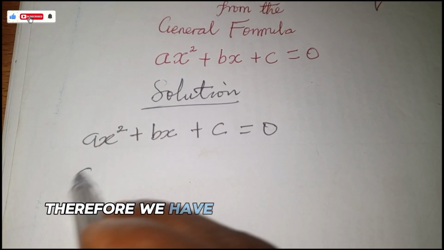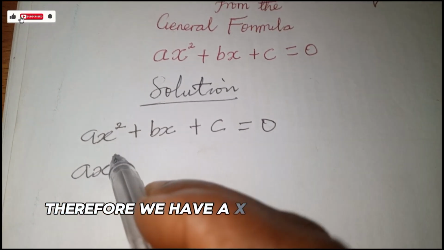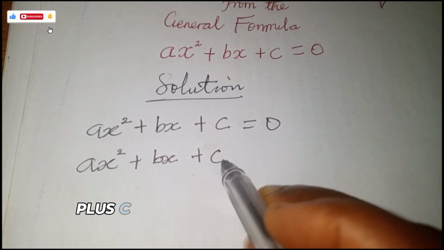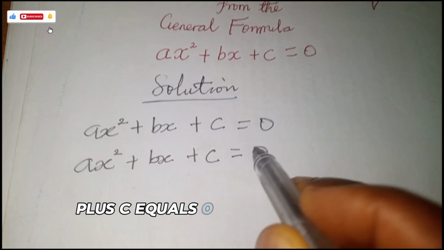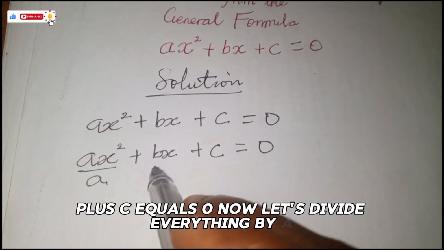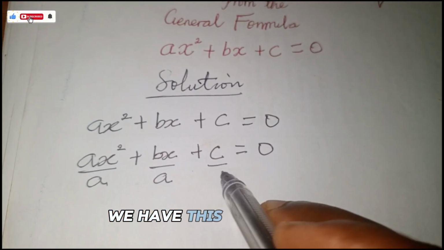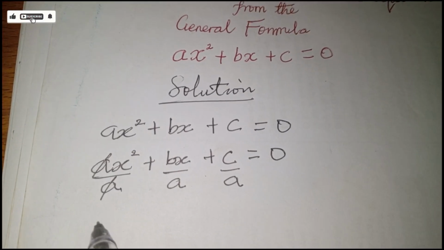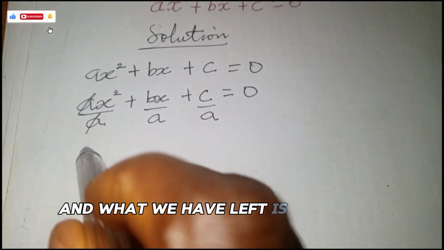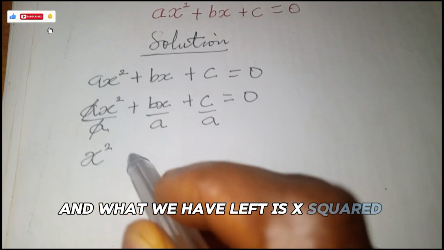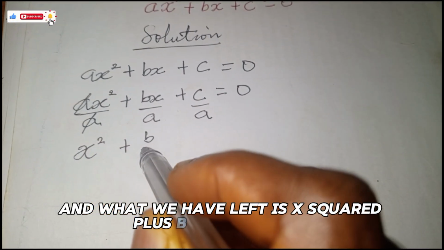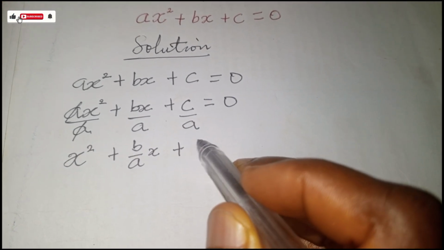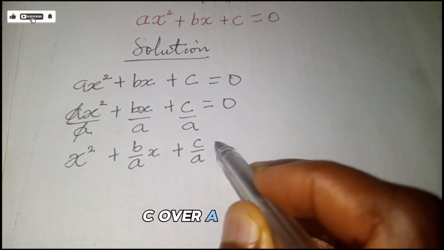Therefore we have ax to the power of 2 plus bx plus c equals 0. Now let's divide everything by a. A cancels a here, and what we have left is x squared plus b over a x plus c over a equals 0.